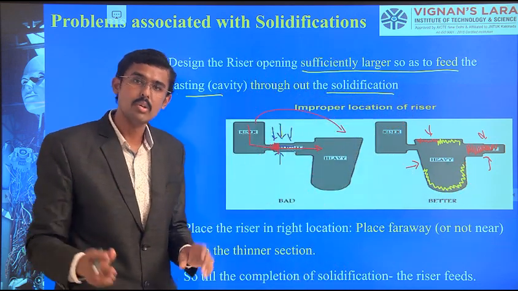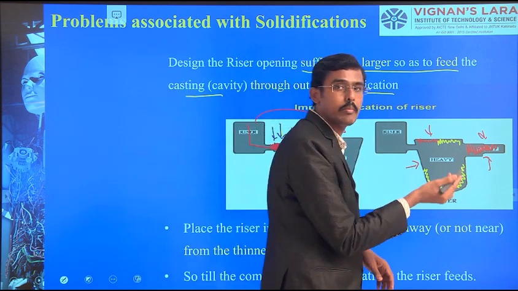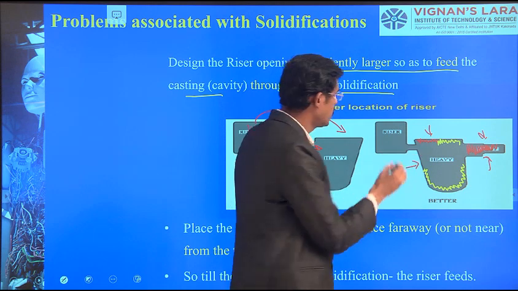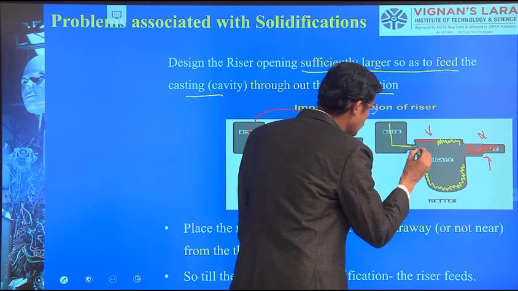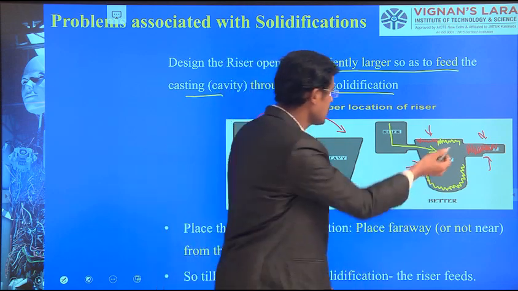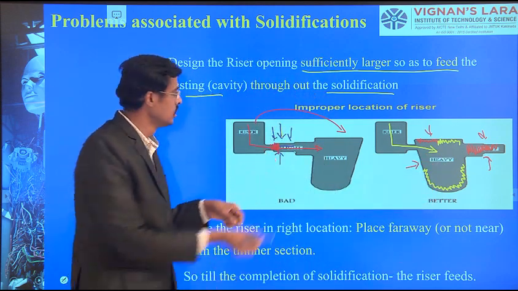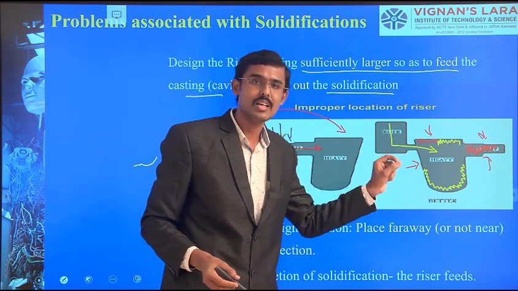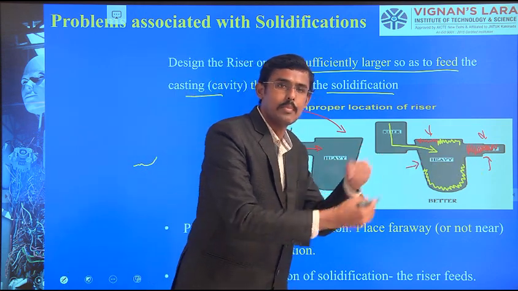But the heavy section takes more time to lock the opening of the riser. Therefore, feeding the heavy object is possible. Here it is already closed, this region is closed, but the riser is not closed, because this thin region is kept opposite.